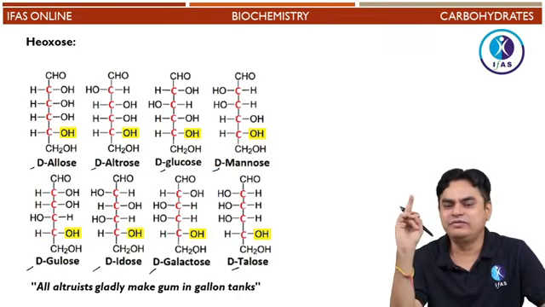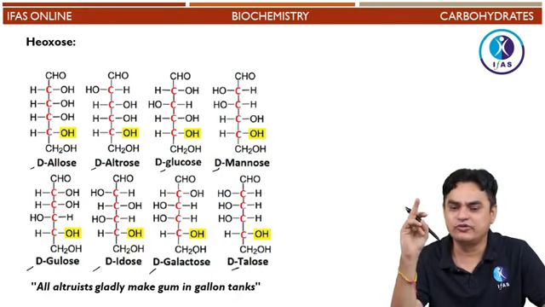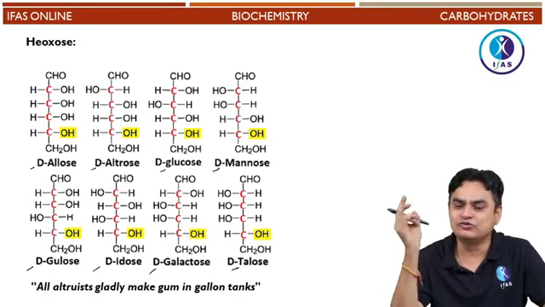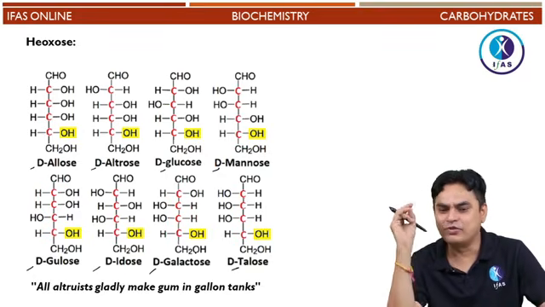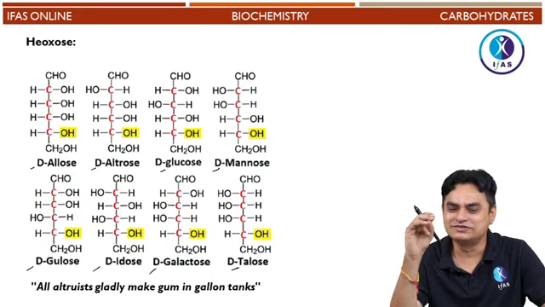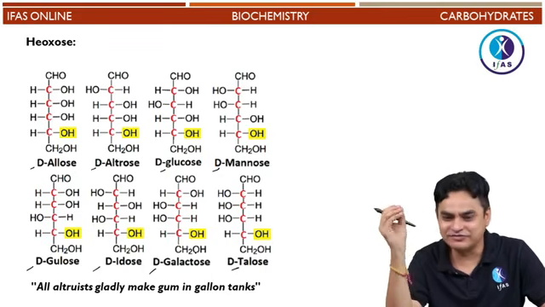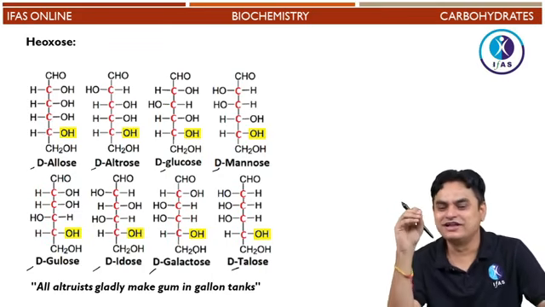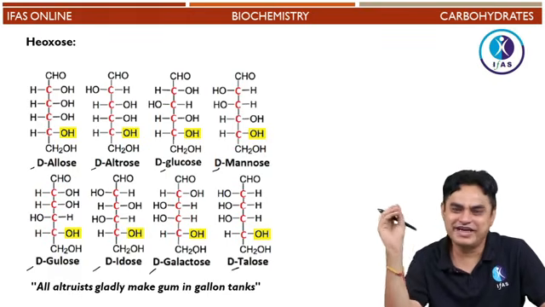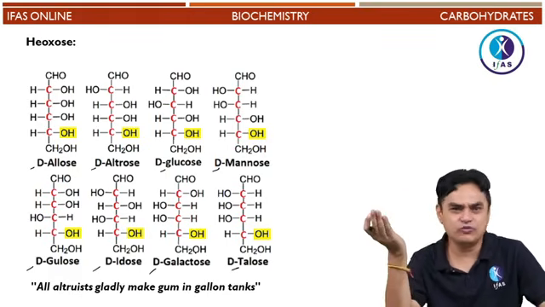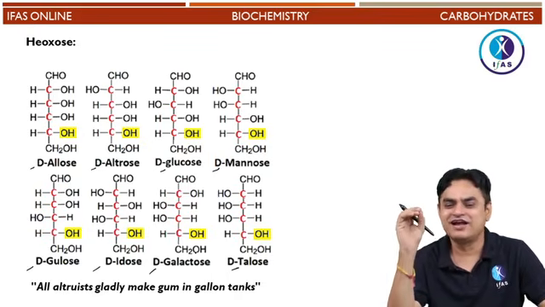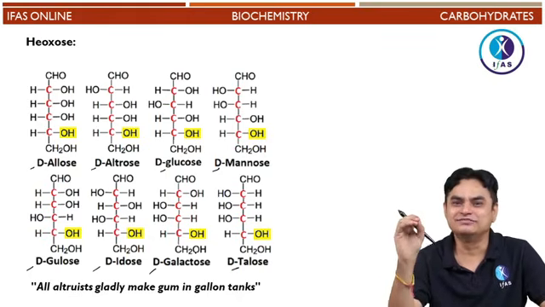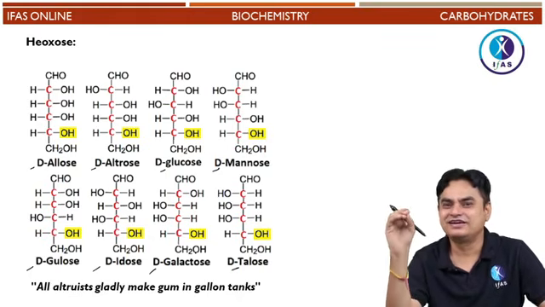From all we mean allose, from altruists we mean altrose, from gladly we mean glucose, from make we understand mannose, from gum we mean gulose, from in we mean idose, gallon means galactose and tanks means talose. You can make your own mnemonic, but I use this one.